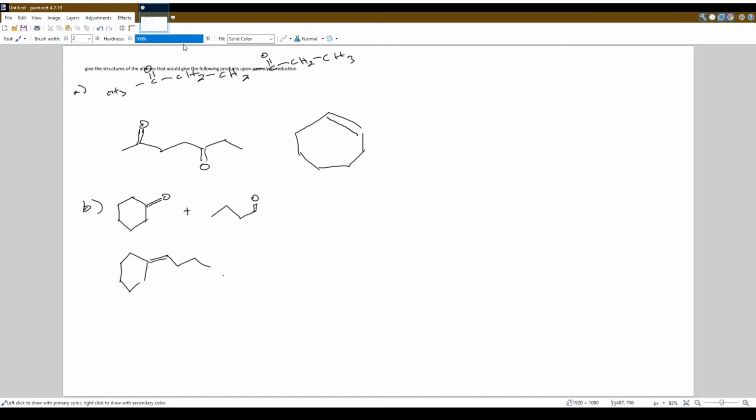Okay. Wait, are these different molecules? I'm not so convinced. I don't think they're actually different molecules. Yeah, I think they're the same molecule. Okay.